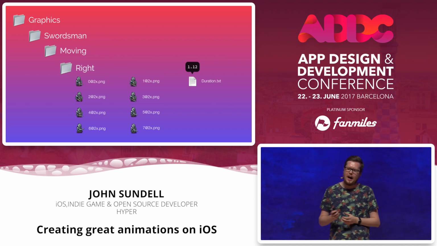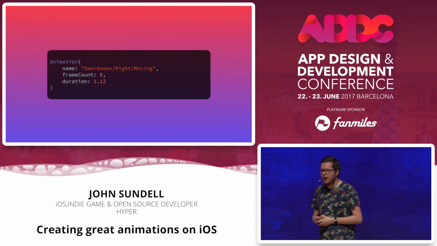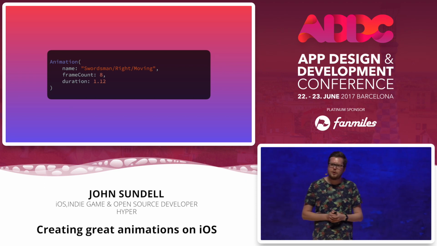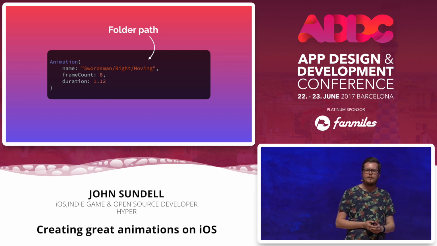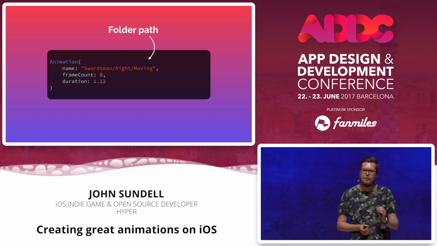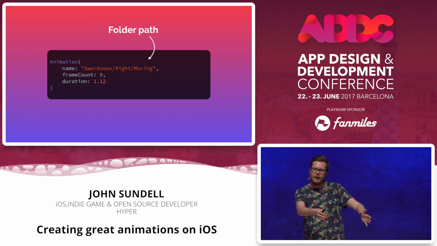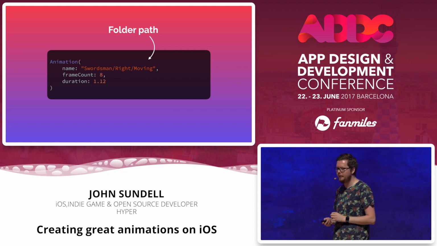So we did this, and we cleaned things up. And then we went back to take a look at this animation configuration that we had from before. And we could see that we had some interesting details here. First of all, the name of the animation could now simply be the folder path. That way, we had a one-to-one map between the folder structure, the asset structure we were using when creating our assets, and the code, which enabled this smooth, nice workflow.